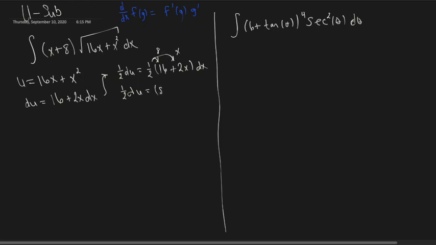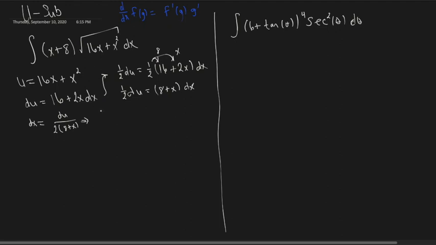So now we're left with the outside function. So if we substitute this back in, we get that dx will be equal to du over 2 times 8 plus x.